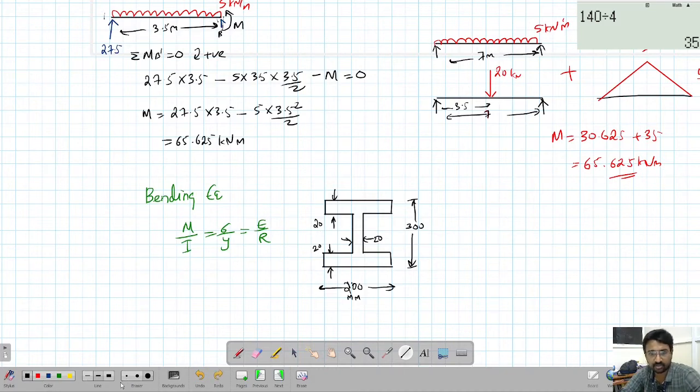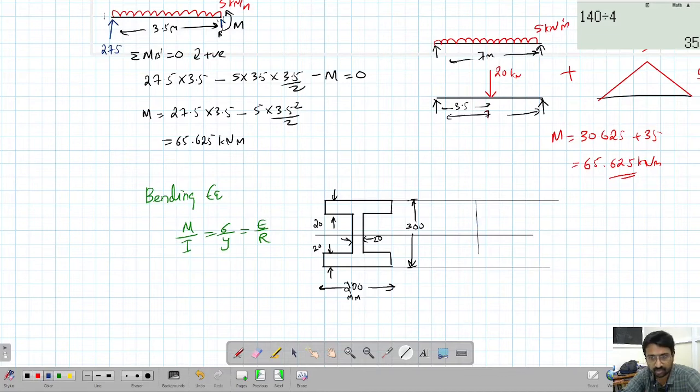I am just drawing a vertical line at the extreme ends. The top of the beam will be under compression, so I'll draw compression here. The bottom of the beam will be under tension.